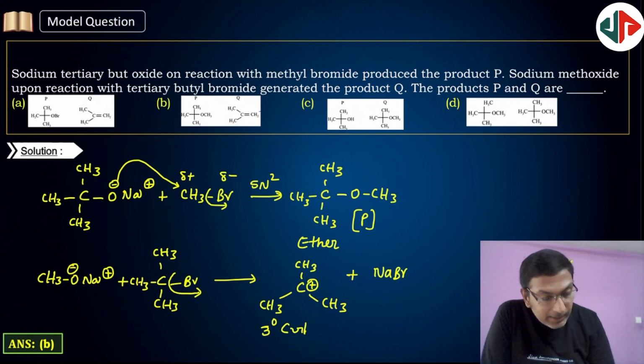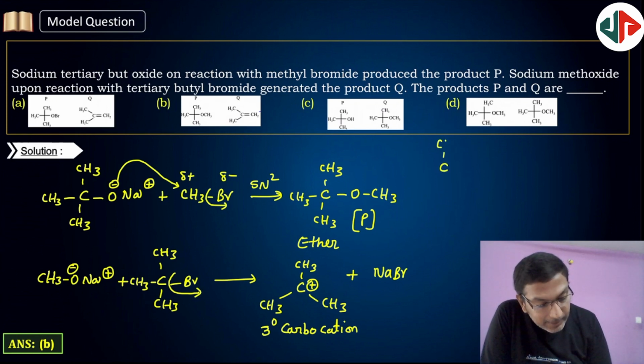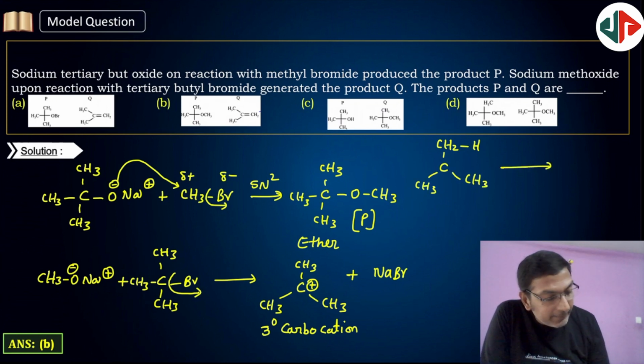So the tertiary carbocation is more stable. It will be like this. It reacts with OCH3 minus, the methoxide ion.